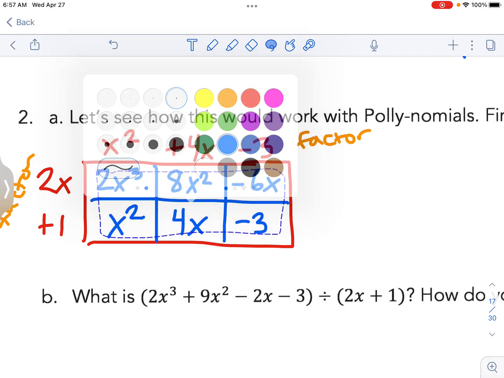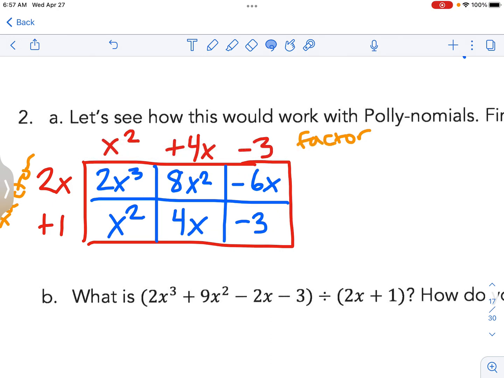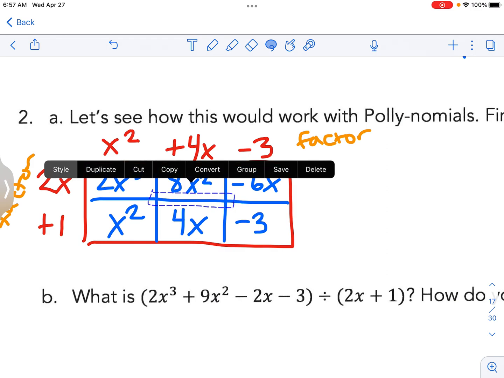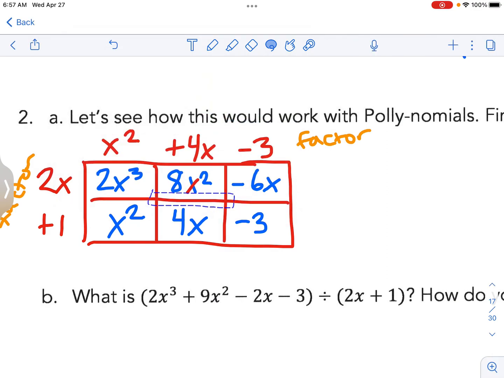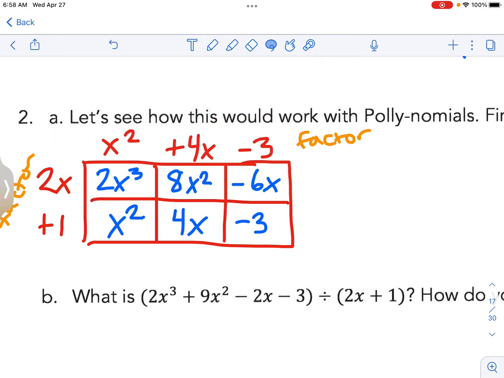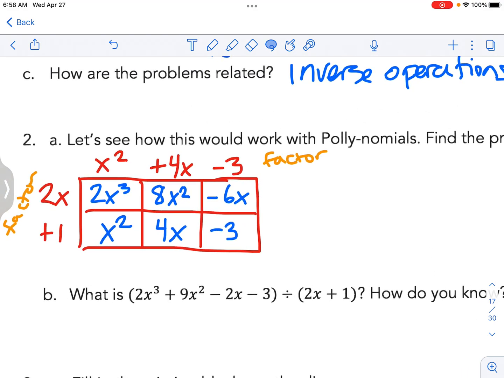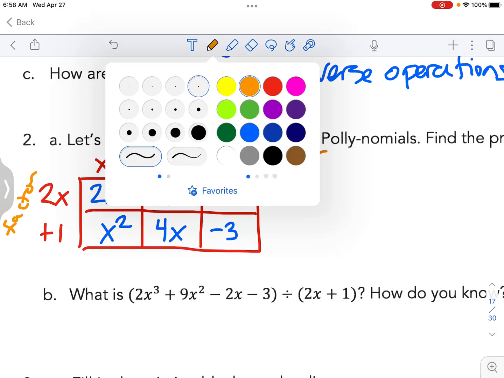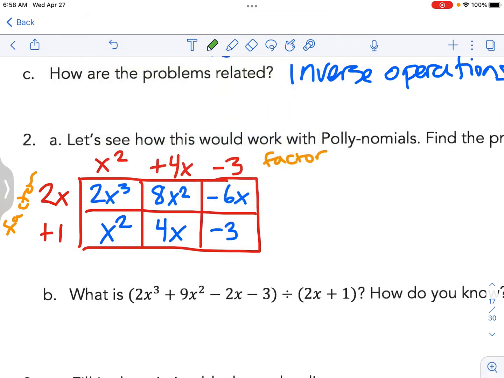I'm going to call it blue. And then I'm going to come back in here and change the multiplication grid back to red. There we go. Okay. So the product then, and this is where this multiplication grid is really effective, because when we multiply in this fashion, we have our like terms on the diagonal.